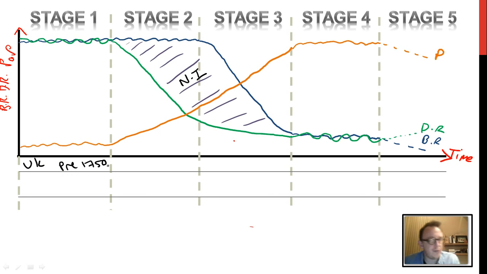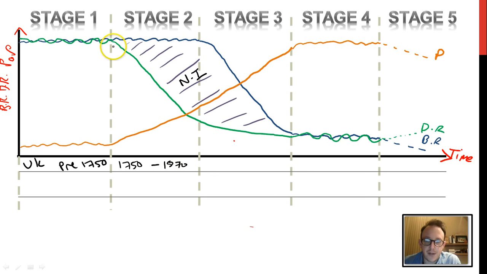So pre-1750, the UK's population had both high birth rates and high death rates. And this meant that the population was relatively low. Now between 1750 and 1870, the UK would have been in stage 2.